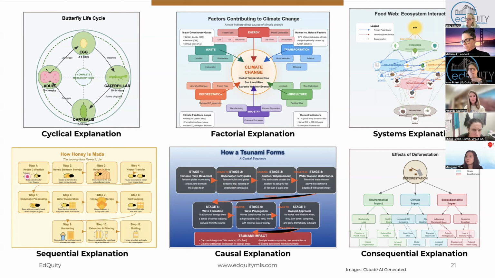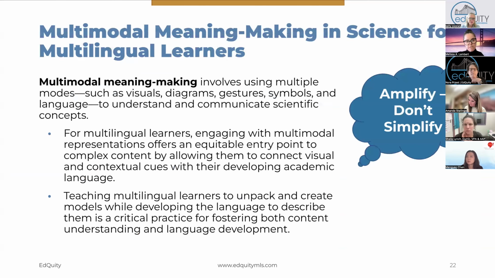So this language is really important to apprentice to our students because it's not everyday language and it doesn't usually show up in our tier 2 or 3 science books, right? It's just assumed that we know how to talk about charts and tables, diagrams. So, multimodal meaning making in science for multilingual learners includes multiple modes: visuals, diagrams, gestures, symbols.